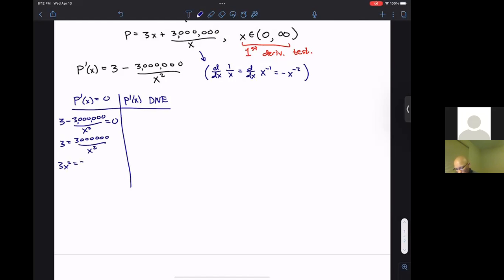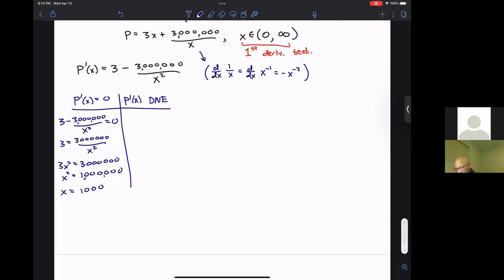So 3x squared equals 3 million, or x squared equals 1 million. So x equals, how many zeros do I need? A million is 10 to the 6, so the square root is 10 to the 3, and I need 3 zeros. So x should be 1,000, and that's one of my critical numbers.